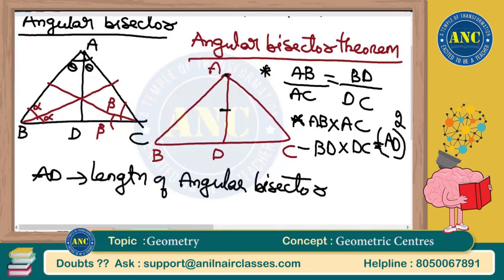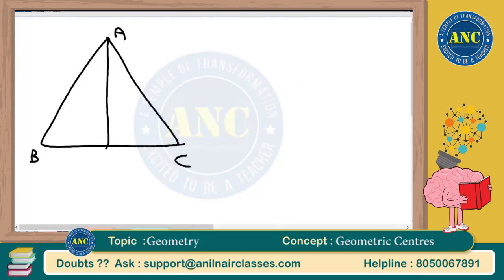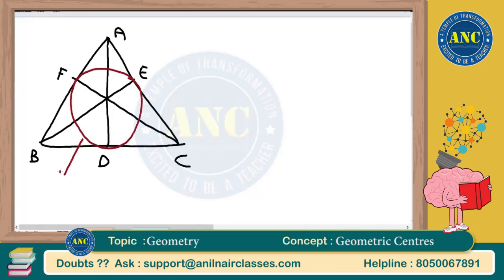Another very important concept. Similarly, for a perpendicular bisector, we got a circumcircle. Similarly, if I take the angular bisectors of triangle ABC, meeting the sides at D, E, and F, and from there I draw a circle, I will get a circle known as the incircle.